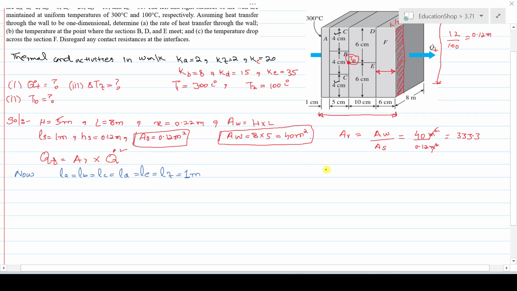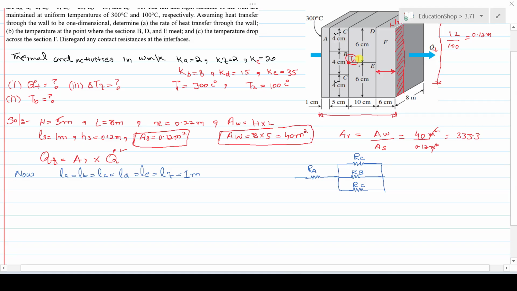Now let me draw the thermal resistance network for these sections. The first resistance offered to the heat transfer is by this section, that is A. This is, let's say, RA. Then sections B, C, B, C are in parallel, so their corresponding resistances will also be in parallel to the heat transfer: RC, RB, RC again.